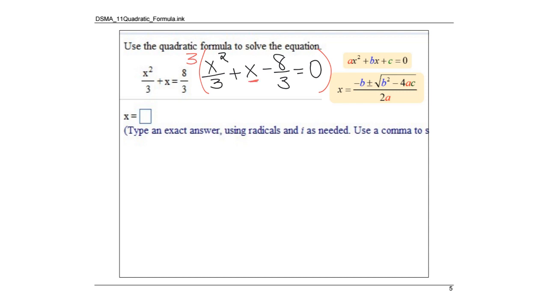Don't forget to multiply in the middle here. So 3x squared over 3 would just give me x squared. And then 3 times x, I'd get plus 3x. And then 3 times 8 over 3 would get me the negative 8. All right. I think I'm good. And then, of course, 0 times 3 gives me 0. Okay.